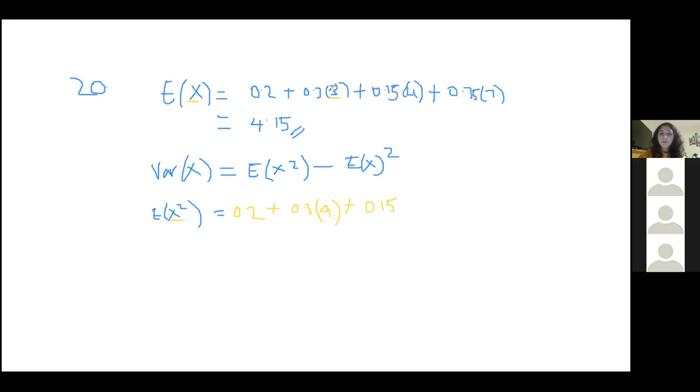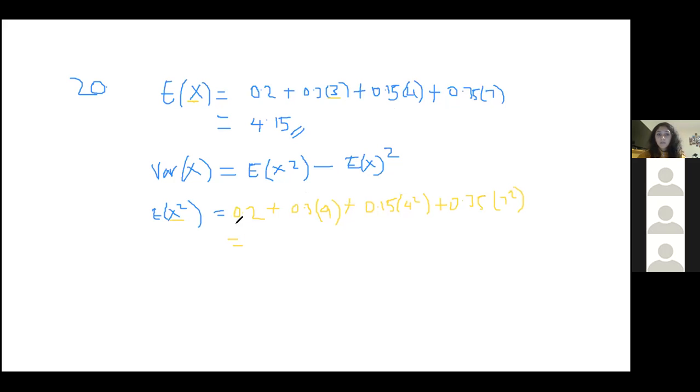So you can think of these numbers as like 1, 9, 16, and 49, and that would be like x squared. So you can just think of it as like a different problem altogether, but you're doing the exact same process. So that would be 4 squared, and then 0.35 times 7 squared, which is 49.